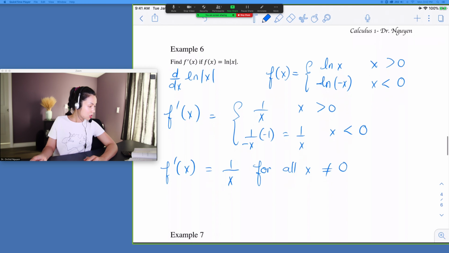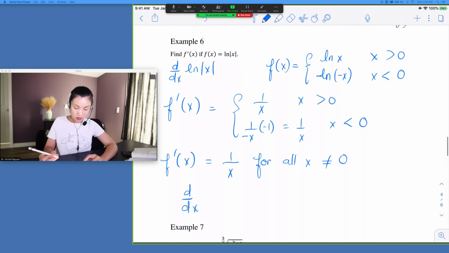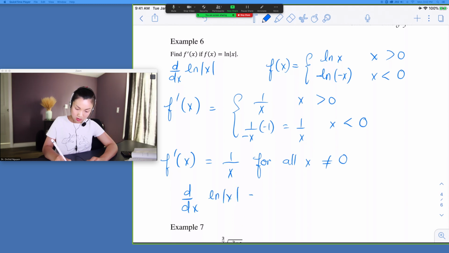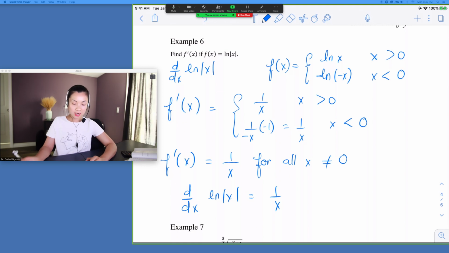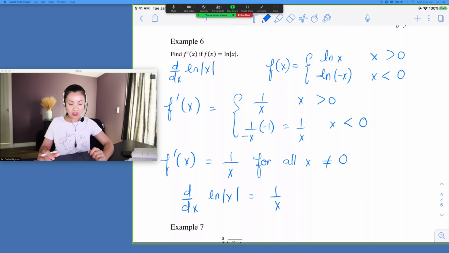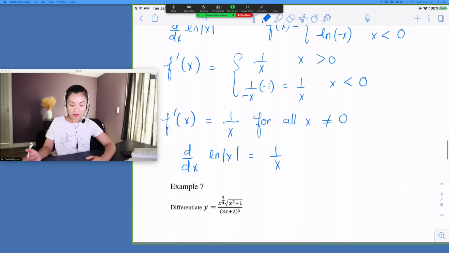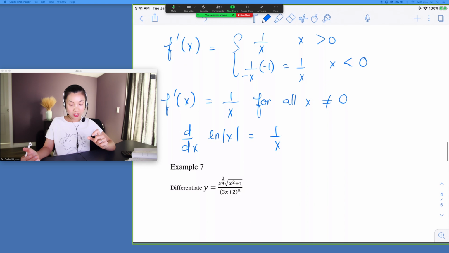Okay, so the result is going to give you 1 over x. All right, so just because of the chain rule, everything is going to cancel out. And of course, you don't want to include that 0 because the 0 is going to give the denominator equal to 0, which is undefined.